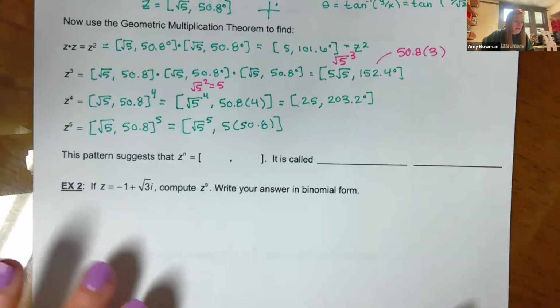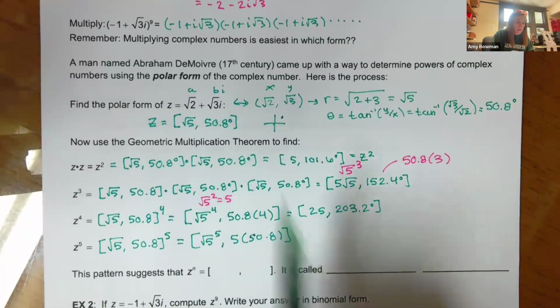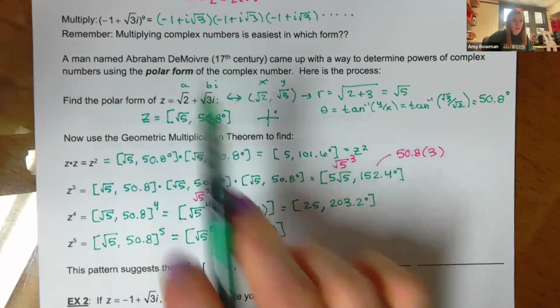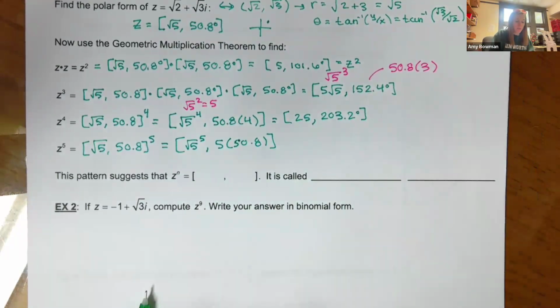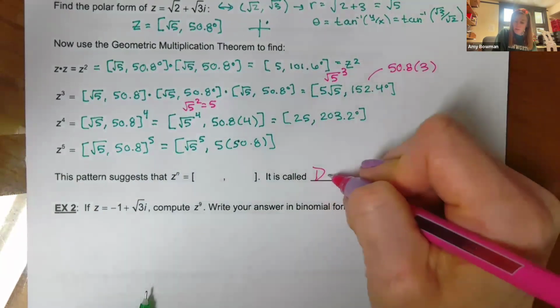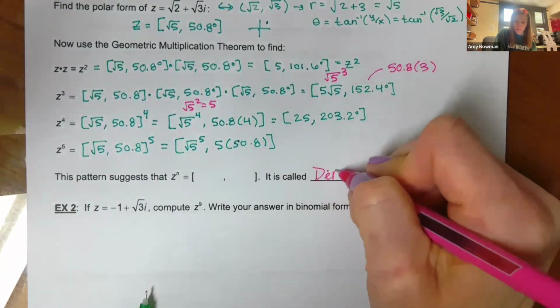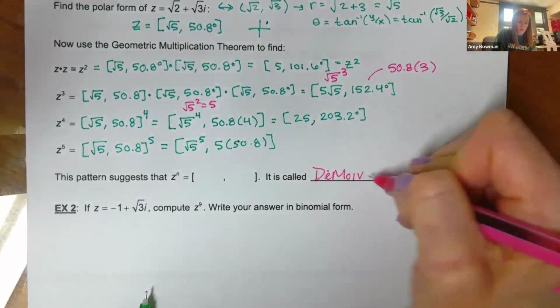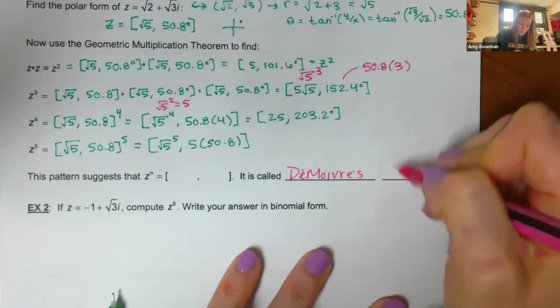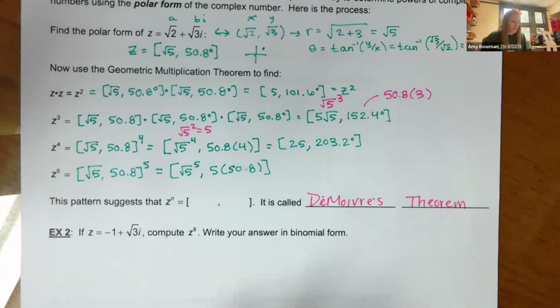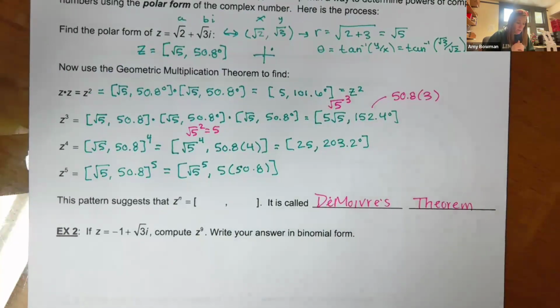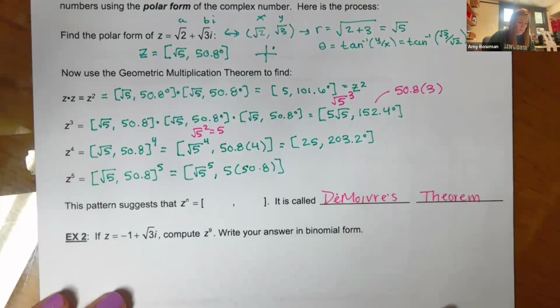So again, this guy I mentioned, I think, Abraham de Moivre, found this pattern, got the whole theorem named after him, de Moivre's theorem, and good for him, because it's not that big of a stretch, and I feel like you guys probably picked up on the same pattern he did, but he's got a theorem named after him.